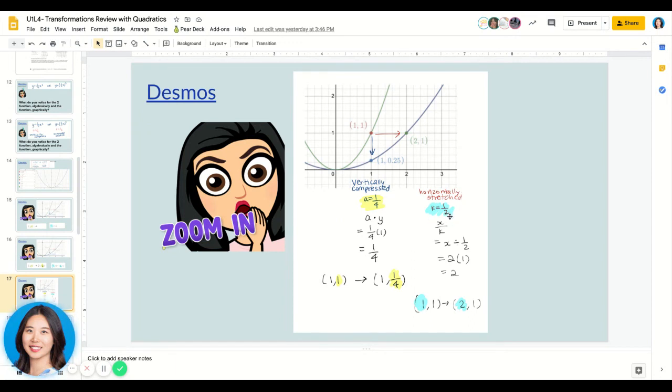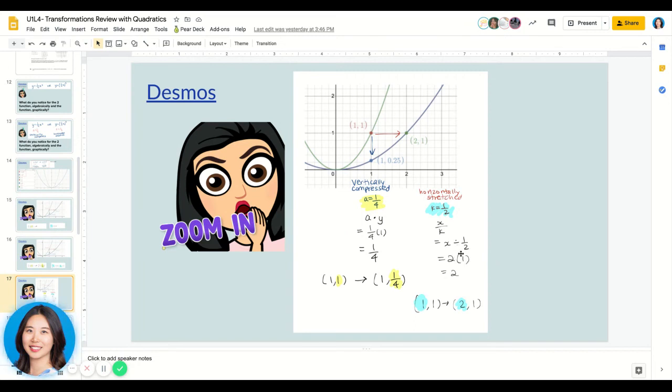Well, I definitely did not multiply 1 by k to get a 2. And so I reflect, how do I get a 2 from a half? Well, if I do x divided by k, if I do 1 divided by a half, I will get 2. So I should really have 1 divided by a half. That is the same thing as doing 1 times 2. So I should really have it the other way, but it's really the same thing.